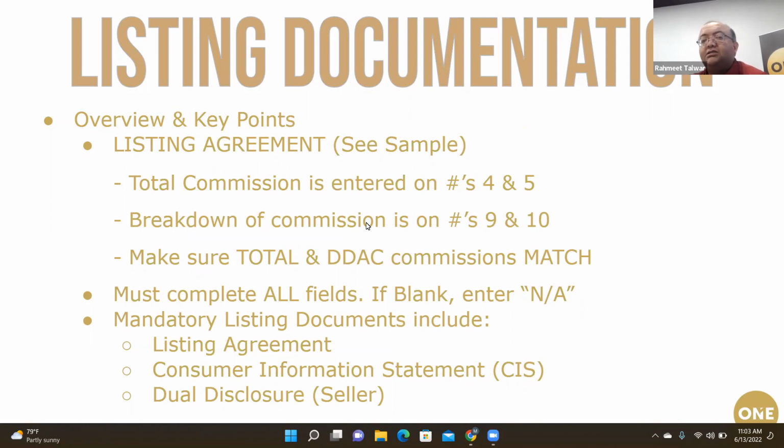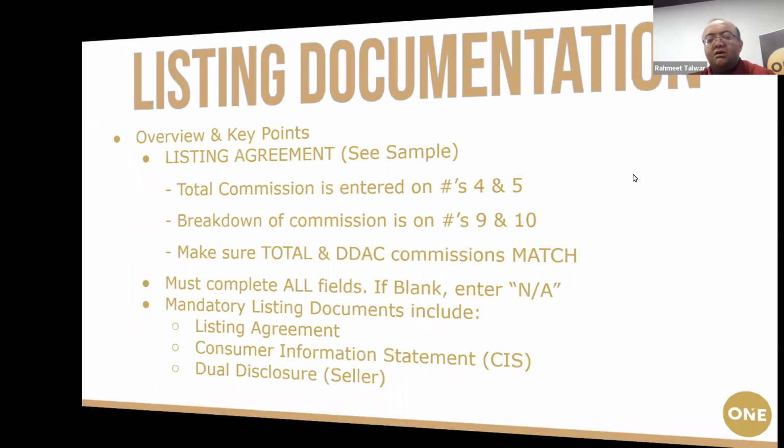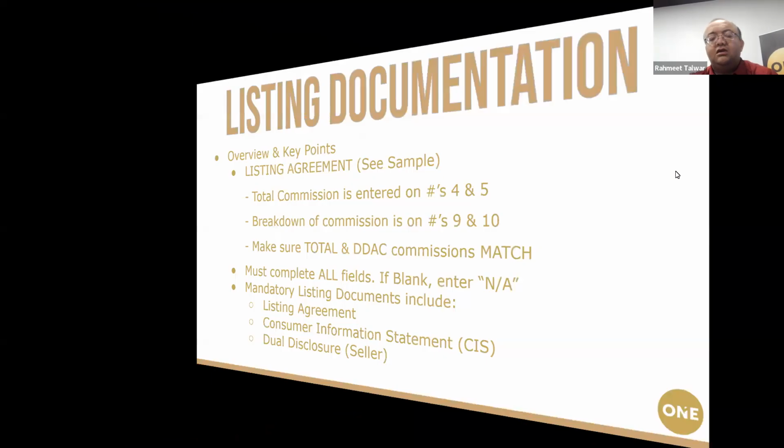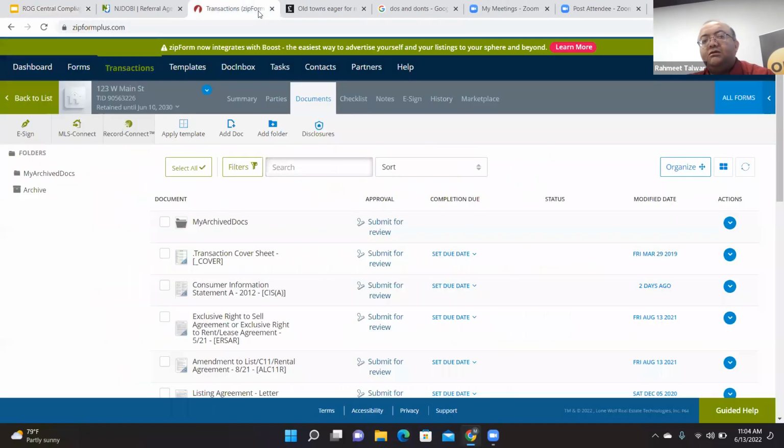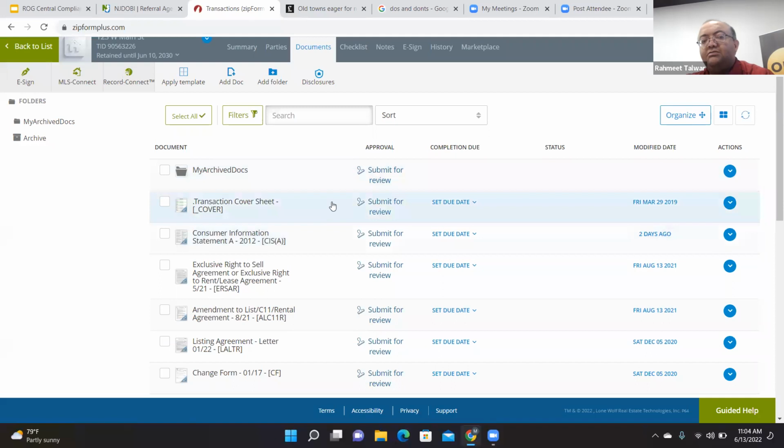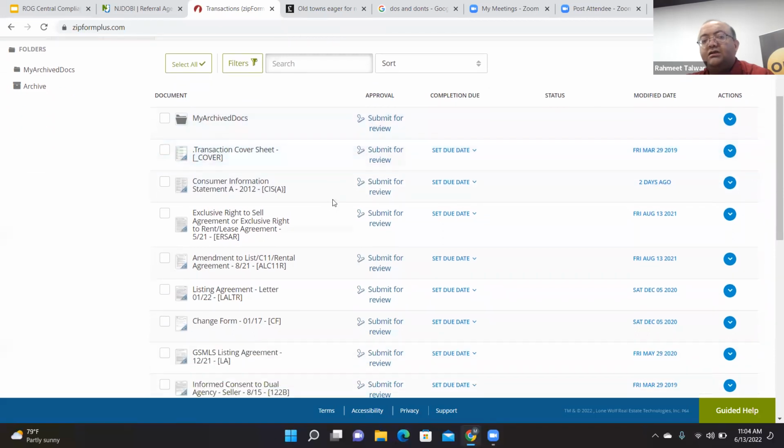I will go into it real quick on zip forms, just so we can see. I just want to briefly show you the items on zip forms that you need on the listing side. You will also see this in SkySlope when you have your transaction created.